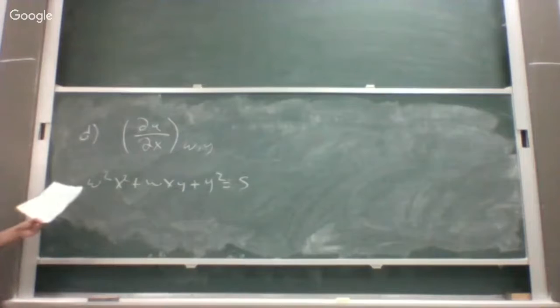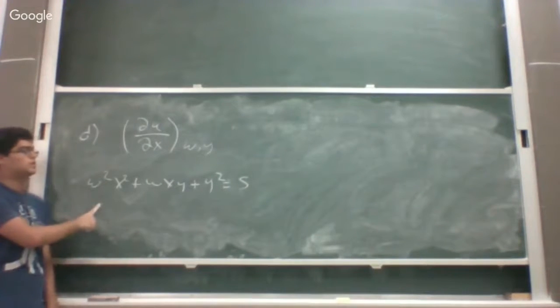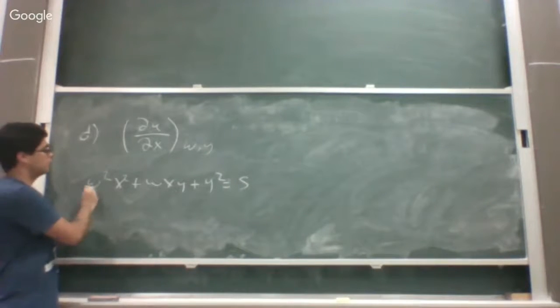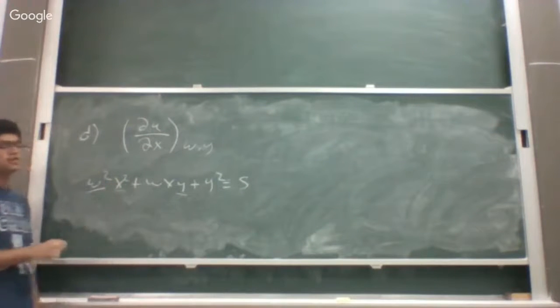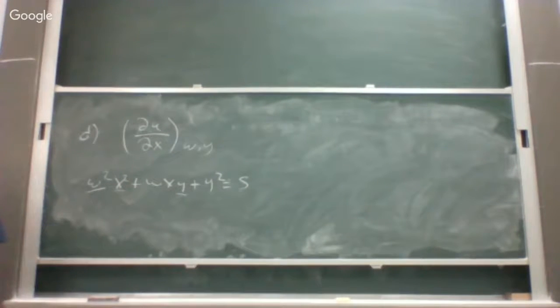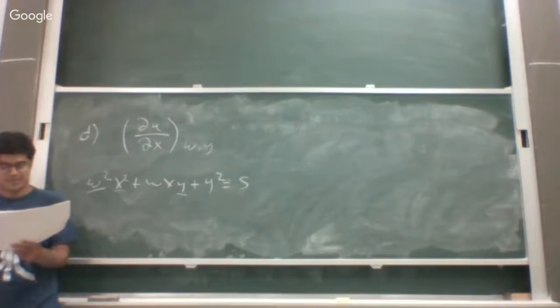Let me try to think of it. We can't hold all of the variables in this constraint constant. So if w and y are constant, and we're taking the derivative with respect to x, they can't all be independent simultaneously.